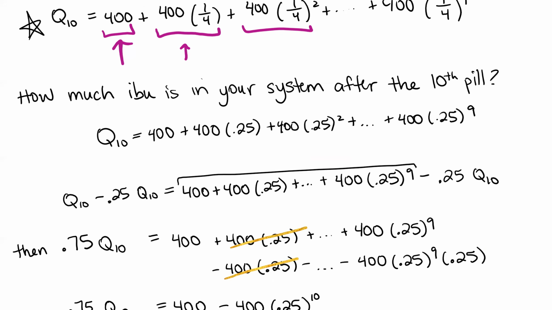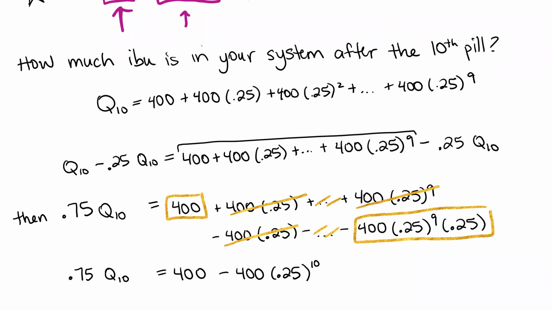And these will keep canceling out all the way down till we get to 400 times 1/4 to the 9, and we'll have another 400 times 1/4 to the 9, and that'll leave just 400 minus 400 times 0.25 to the 10. So 0.75 times Q10 is equal to 400 minus 400 times 0.25 to the 10.